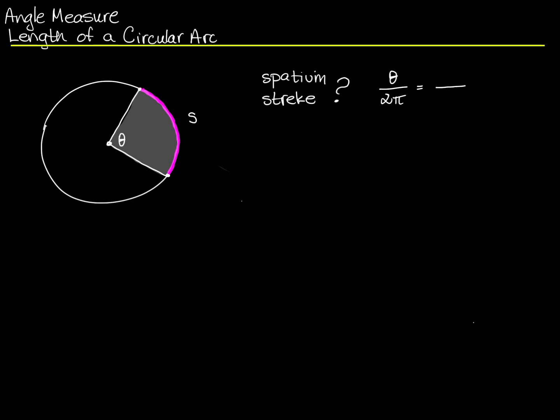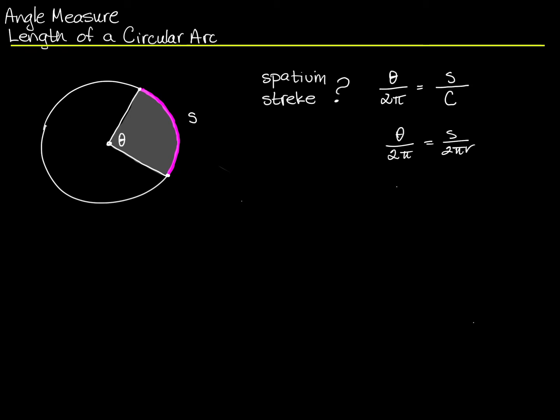Let's compare that to the linear distance. So the angle theta compared to the whole circle is proportional to that portion of the circle that we're calling S divided by the circumference of the circle. Well, another way to write circumference is using its formula 2 pi r.